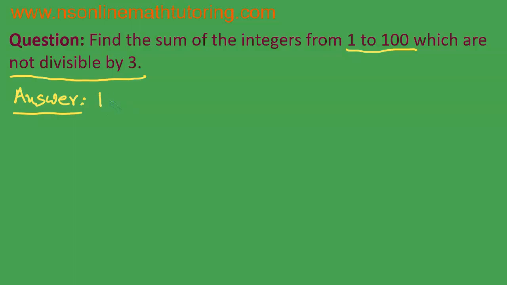We start with 1 plus 2, 3 will be left out, then 4, then 5, 6 excluded, 7 plus 8 and so on, and of course the last number will be 100, right?